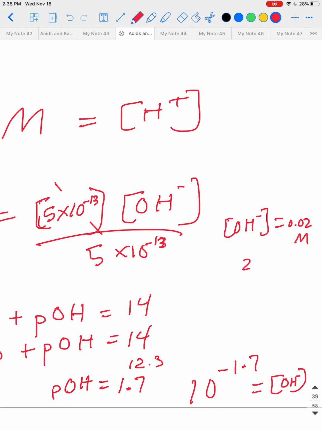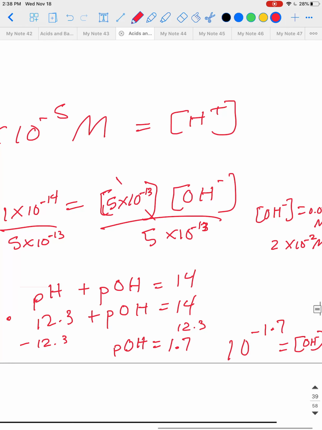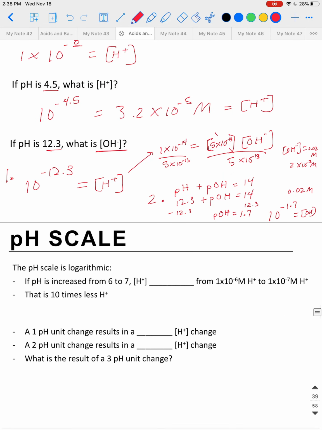Or you could write 2 times 10 to the minus 2. And if you do the pH-pOH thing, then 10 raised to the negative 1.7 also gives you 0.02 molar. So 2 ways to solve that there. All right, moving on.